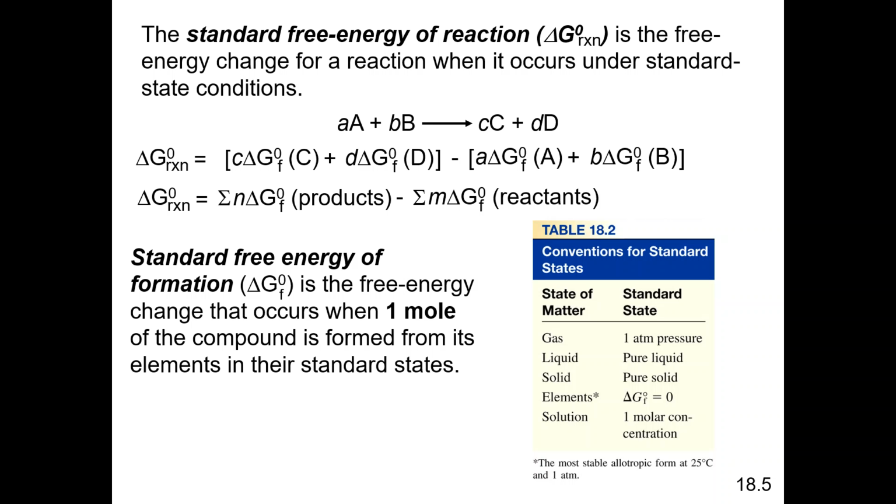Just as we have a table of values for the enthalpy of formation under standard conditions for different substances, we have similar tables for standard free energy of formation. And another thing in common with enthalpy of formation: for elements, that value would be 0, all right?